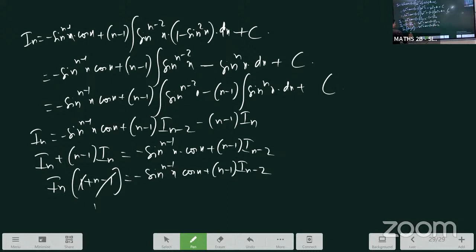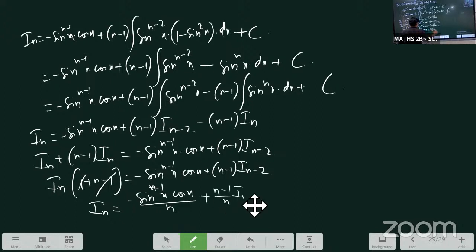Minus 1 plus 1 gets cancelled. In into n, you bring it to denominator. That is minus sin to the power n minus 1 x cos x by n plus n minus 1 by n In minus 2. Is it clear? So this is your integration by parts formula.